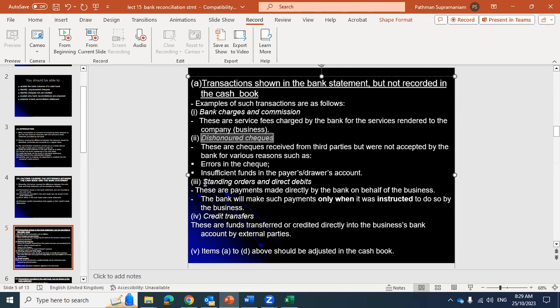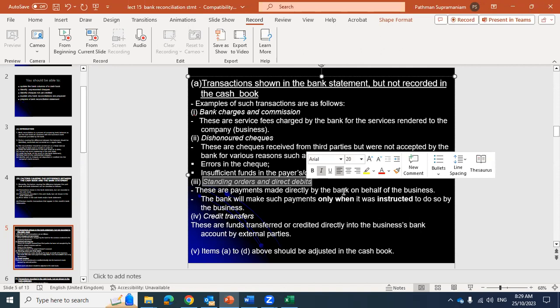Then you have standing orders and direct debits. They might seem the same, but there's a slight difference between them. To start off with, standing orders and direct debits are payments made on behalf of the business by the bank, which means the bank deducts the money for us.